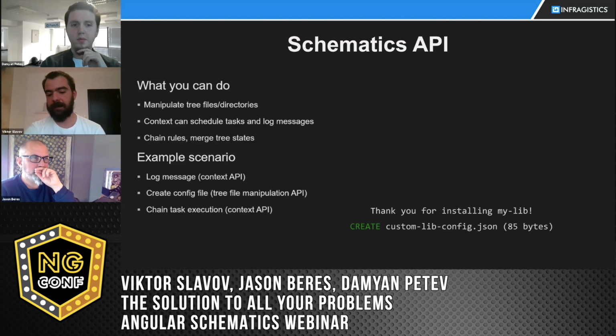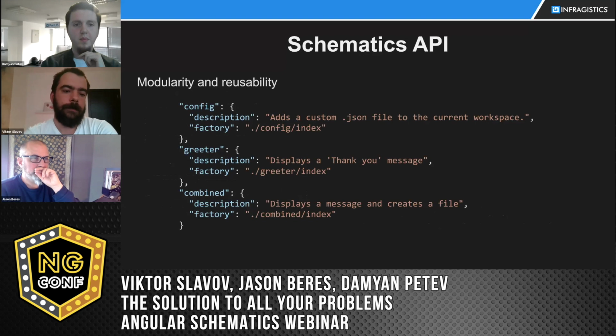And this is the expected output we can see. We'll expect to see a message and a print in the console that our file was created. So this would be our collection JSON. It would hold the definition of both the schematics. The config schematic will be the one that creates the files, our greeter will be the one that displays the message, and our combine will be the one that combines both.